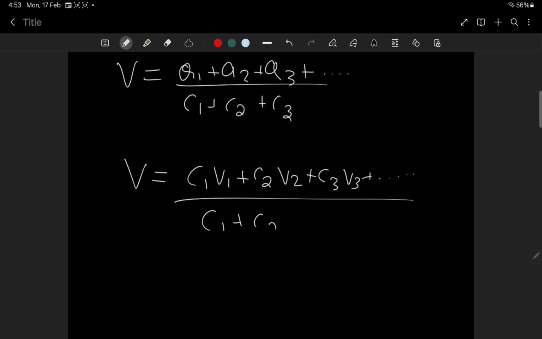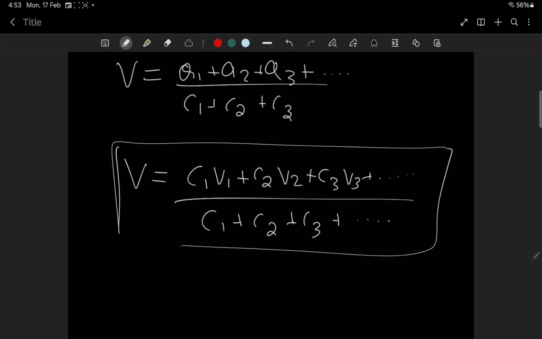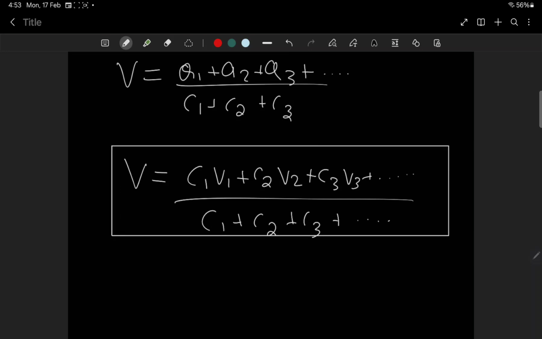This is the common potential when they are kept in contact. Just know, sometimes they can ask some out of syllabus questions. You will be trapped if you don't learn these things.